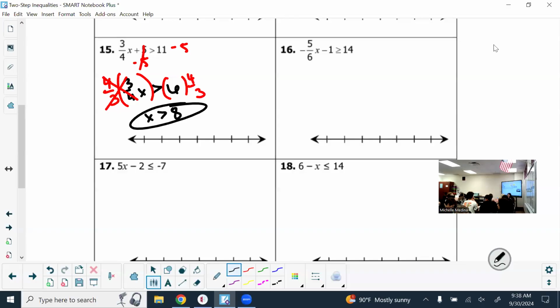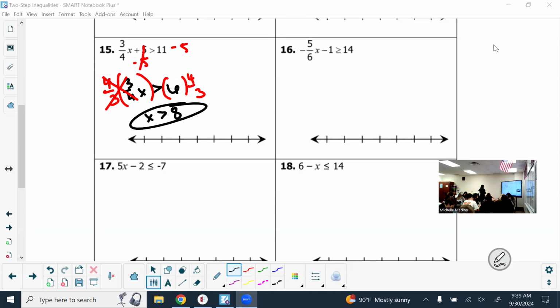Number 15, when solved correctly, your final answer would have been x greater than 8. 8 less than x would be the same thing, although I wouldn't imagine you moved the variable. You wouldn't have needed to. But here's how I did it. You had to get rid of the 5 first. You don't have an option there.